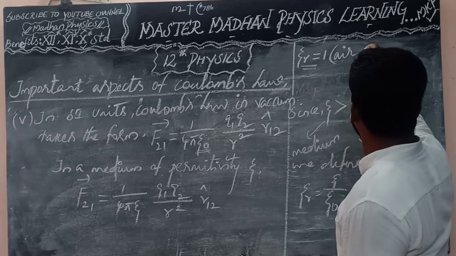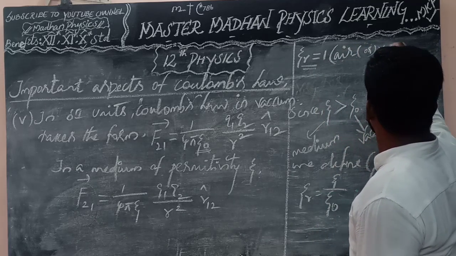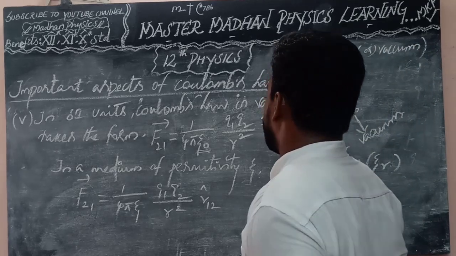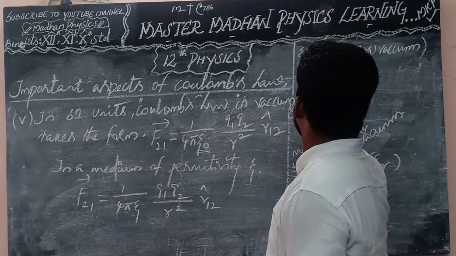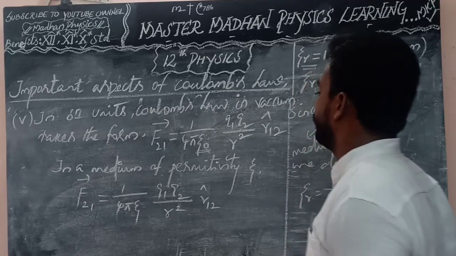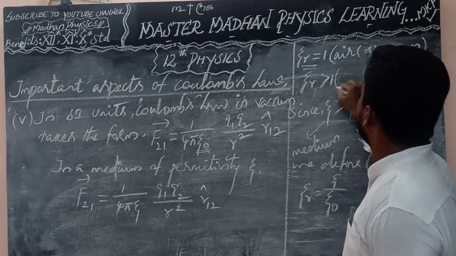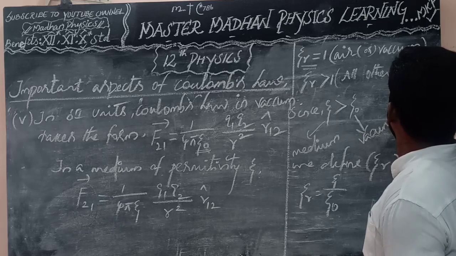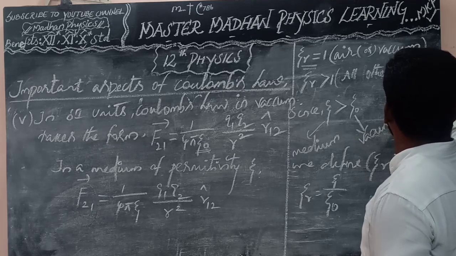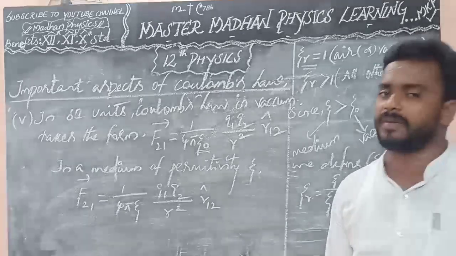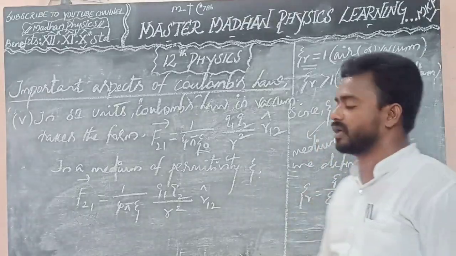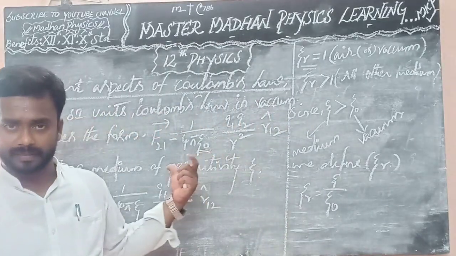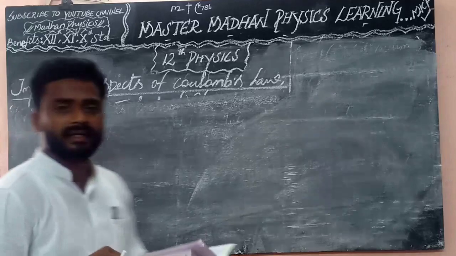Epsilon r is greater than 1 means in all other media, rarer medium, denser medium, such types of media. So this is a very important point, point number 5 of the aspects of Coulomb's law. Okay, so next, point number 6.